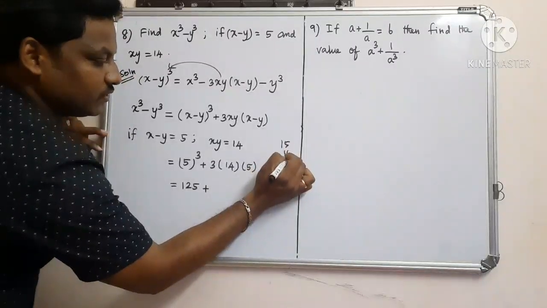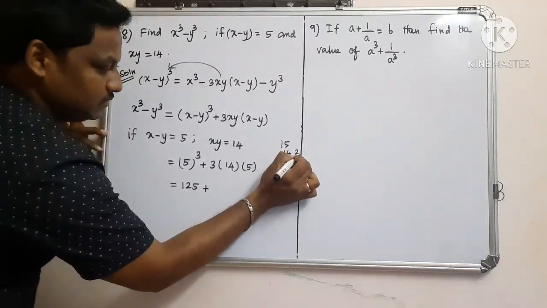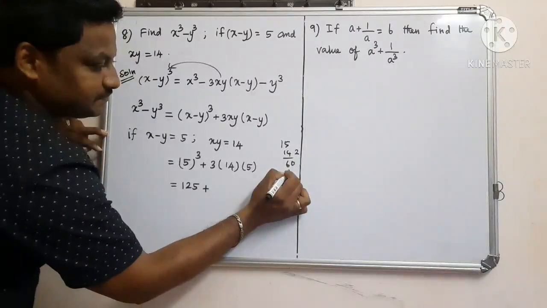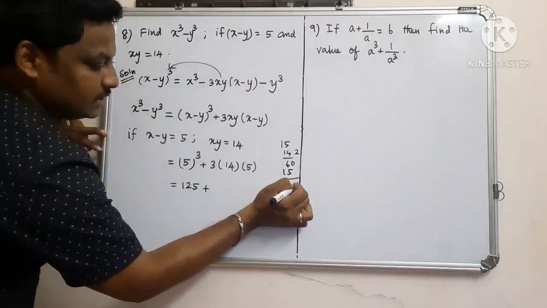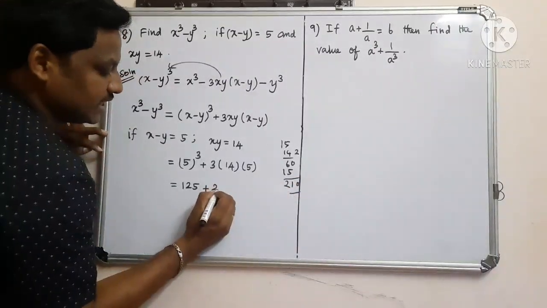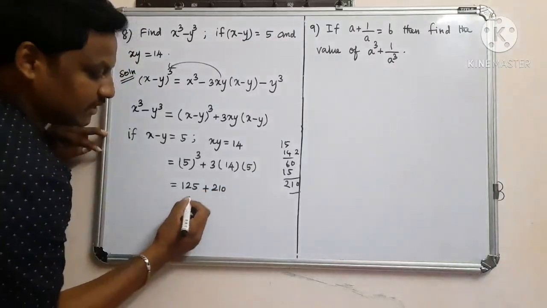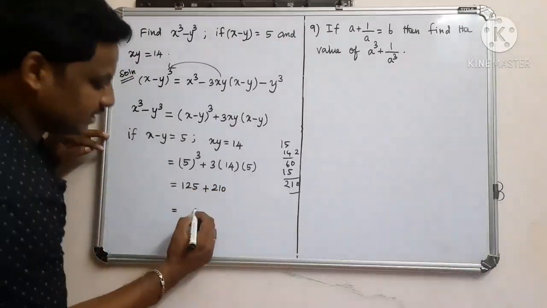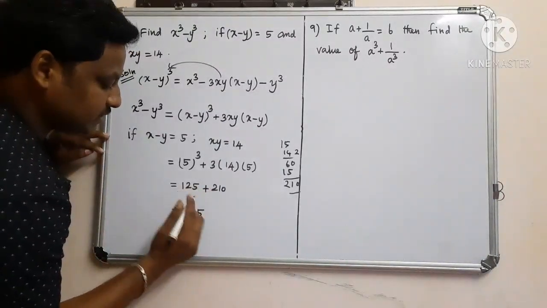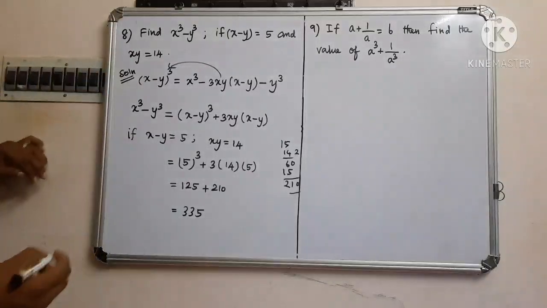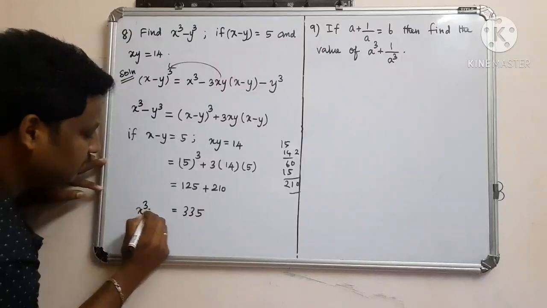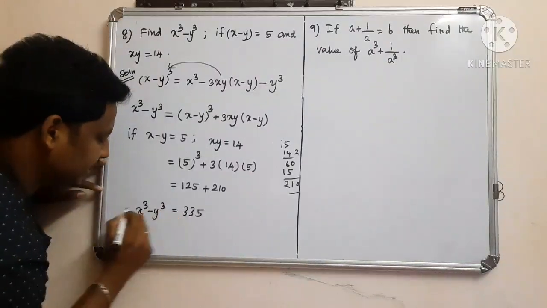So 15 into 14 is 210. So 125 plus 210: 5 plus 0 is 5, 2 plus 1 is 3, 2 plus 1 is 3. So 335. This is the value of x cube minus y cube.